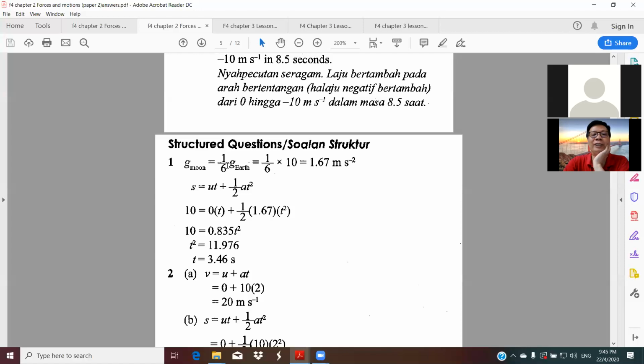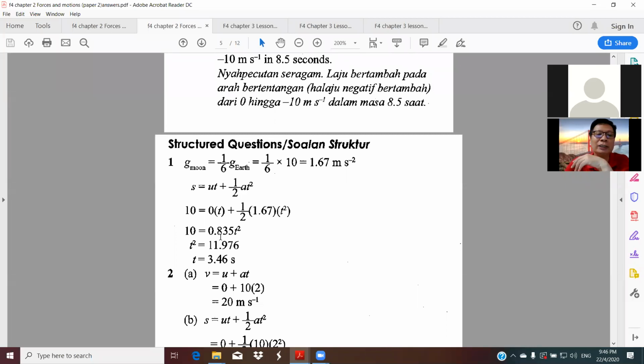First, we find the gravity. It's 1/6 times the gravity of Earth, so 1/6 times 10 gives the gravity of the moon. Then use this formula, the same as the one mentioned by Justin just now. S is 10 meters height. u is 0 because initially the stone is not moving.